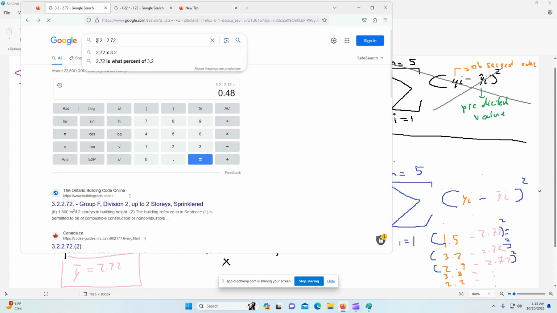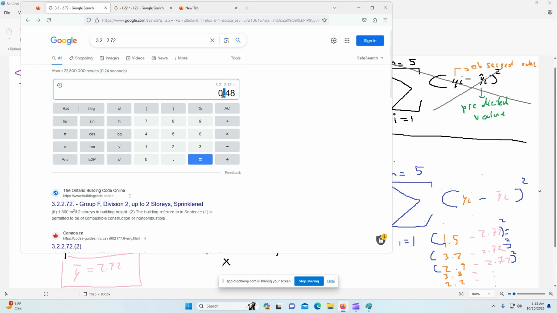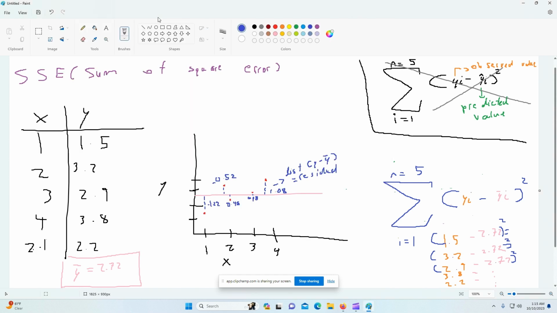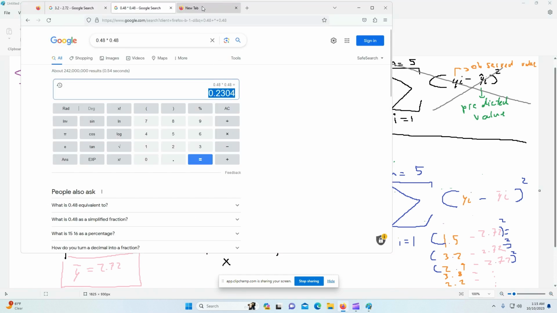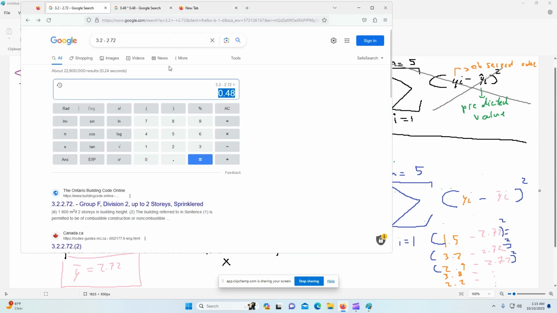Pretty straightforward. So just take every number, square it, and then just add them all up, right? So the sum of those squared values. Pretty straightforward.